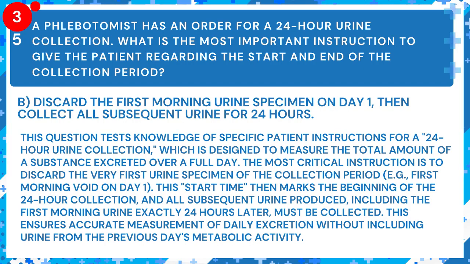The most critical instruction is to discard the very first urine specimen of the collection period, e.g., first morning void on day 1. This start time then marks the beginning of the 24-hour collection, and all subsequent urine produced, including the first morning urine exactly 24 hours later, must be collected. This ensures accurate measurement of daily excretion without including urine from the previous day's metabolic activity.